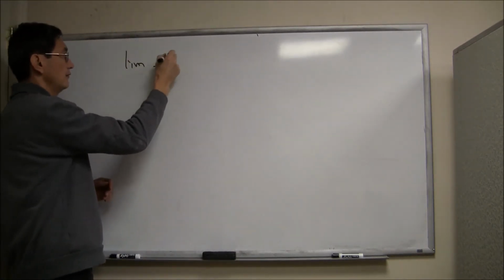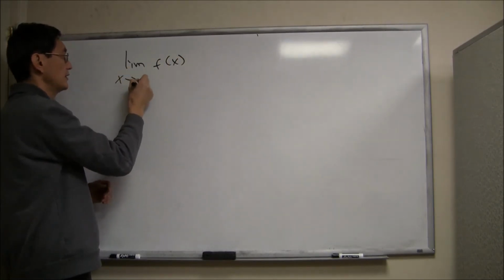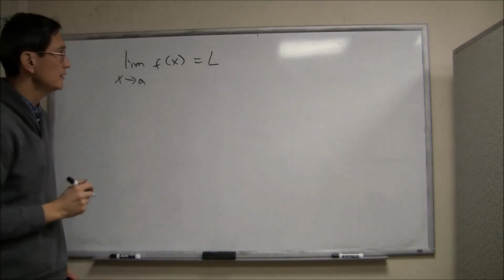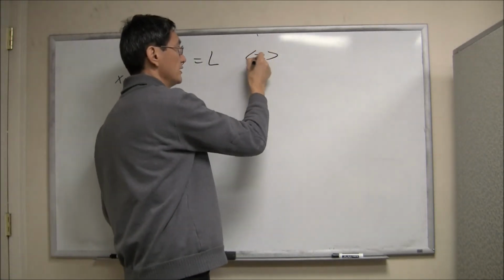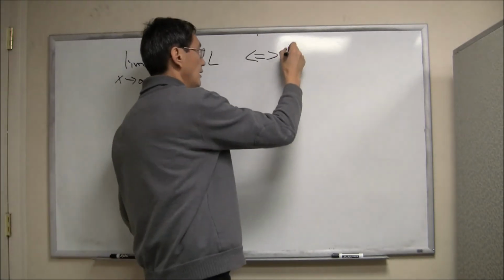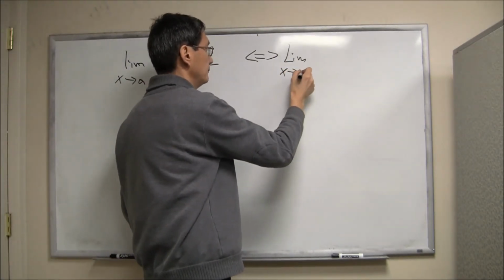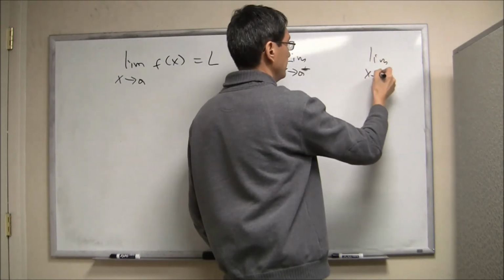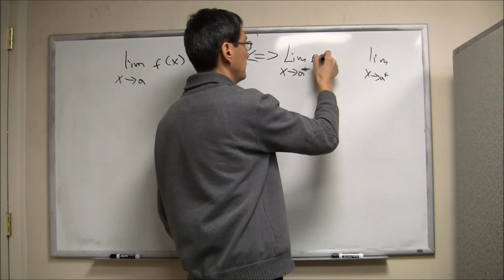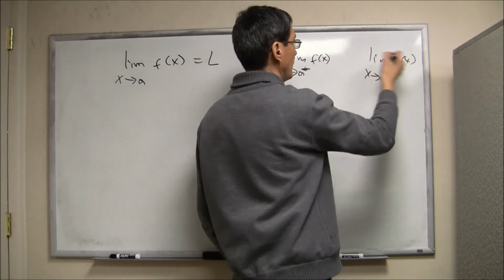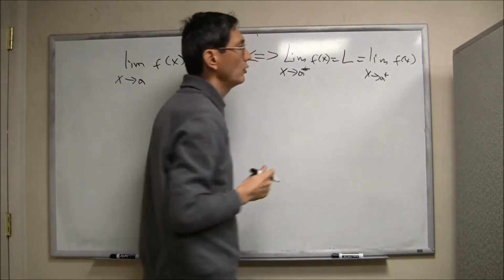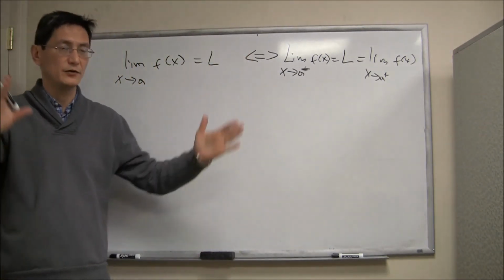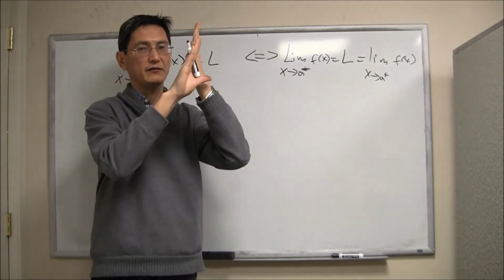Two-sided limit, the regular one which we write as limit as x approaching a equals L, that means, or it is equivalent to saying, left side limit and right side limit of the function both agree and equal L. So two-sided limit exists if your left and right agree and they approach the same.